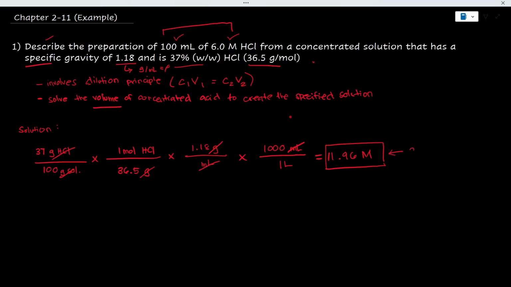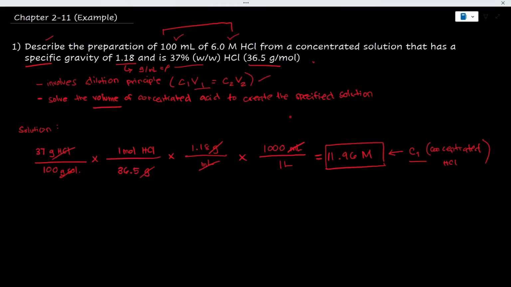So this is the initial concentration of HCl, the concentrated form. We can assign this as C1. With that, let's use the dilution principle C1 V1 equals C2 V2 to calculate V1, because we want to know how much volume is needed to create the 100 ml of 6 molar HCl out of the 11.96 molar concentrated HCl.